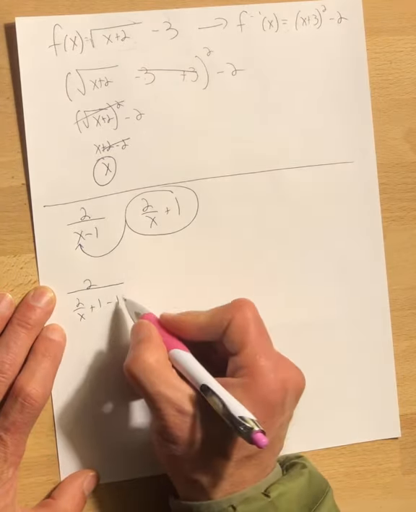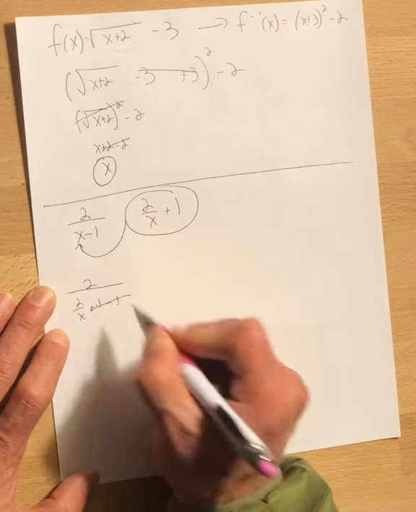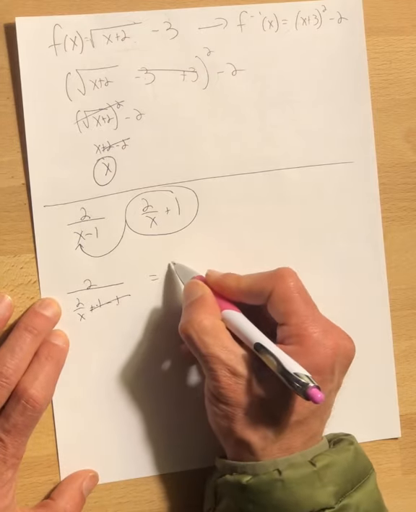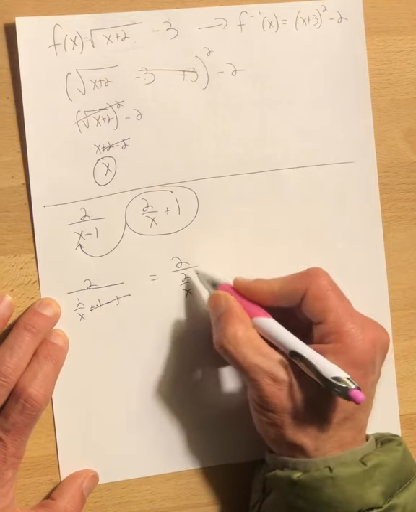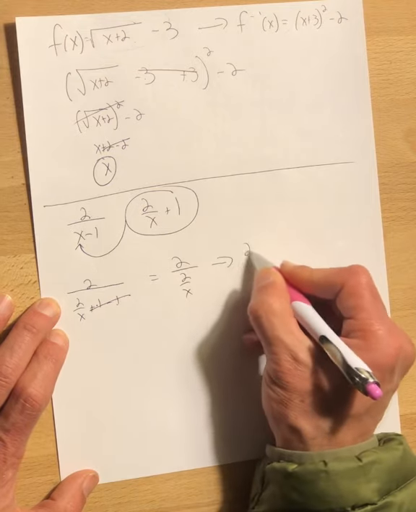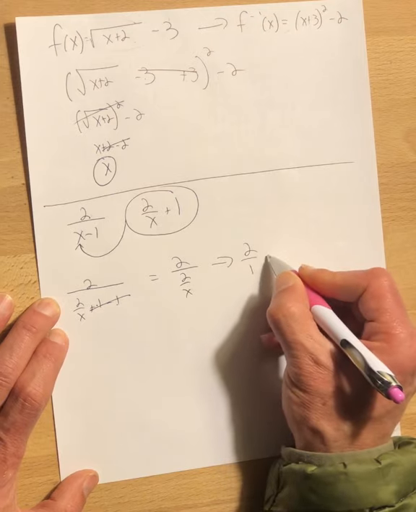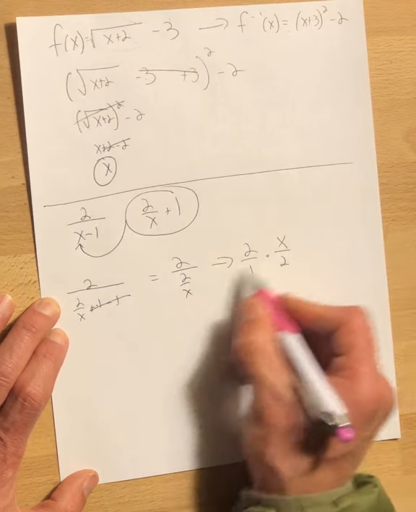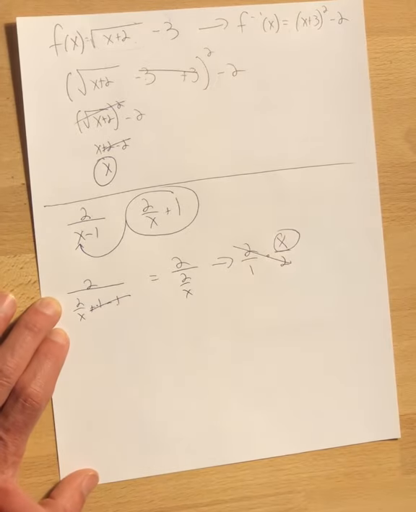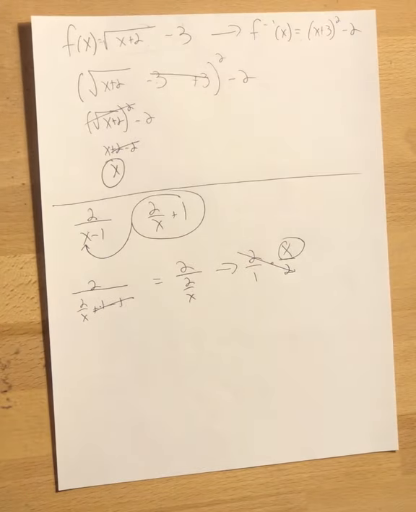Simplify. Negative 1, positive 1, cancel out. And I get 2 over x, which is going to be 2 over 1 times the reciprocal, x over 2. That simplifies to this, to get x as an answer. There, I just proved that those are, in fact, the inverses of each other.